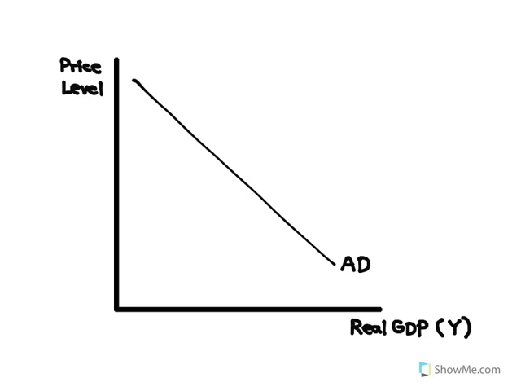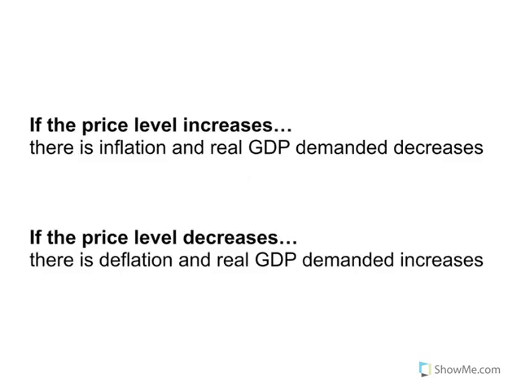And so what we notice here is that if the price level increases, that means there's inflation, and we learned that back in Unit 11, and real GDP demanded, this used to be quantity demanded back in Unit 2, so quantity demanded decreases, but here in the aggregate demand model, it's real GDP demanded decreases, right?